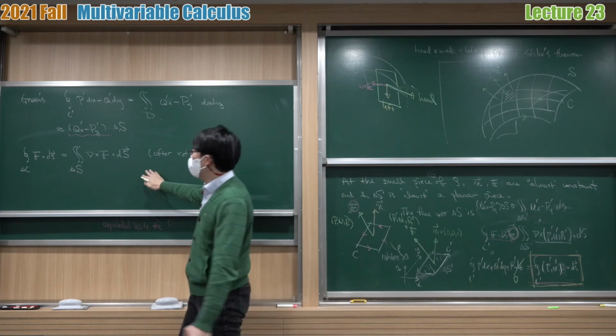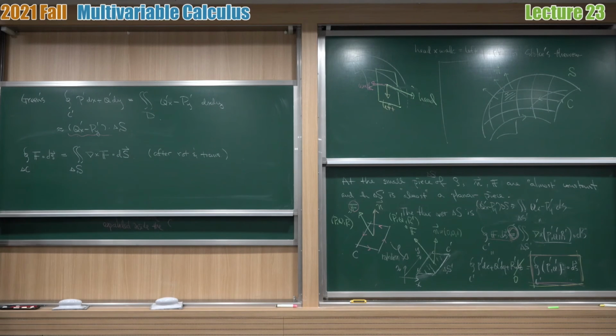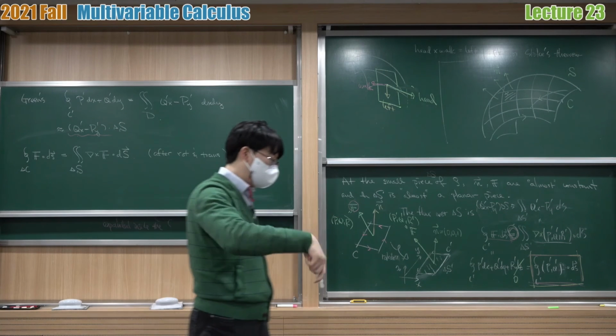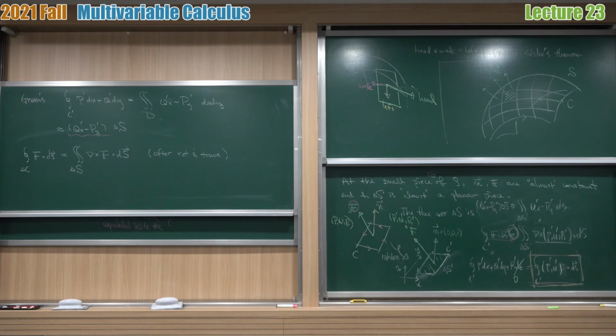But think about the meaning of these two. What you have done in the left-hand side is that you try to calculate the work done along this boundary. Does it really change the work when you have a vector field on the three-dimensional space and a closed curve, and you try to find the work done by the vector field along this closed curve? Whether you put your x, y, z axes in this orientation or that orientation, does it really change your work?